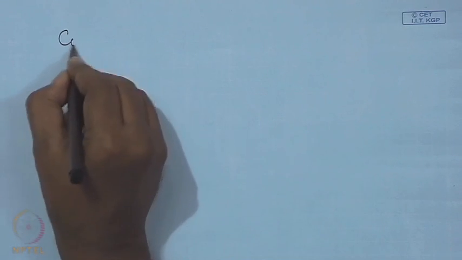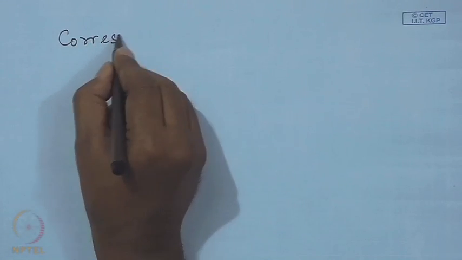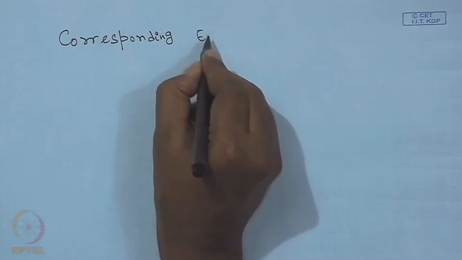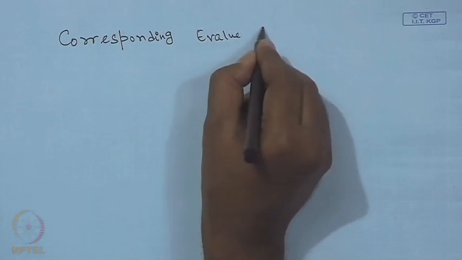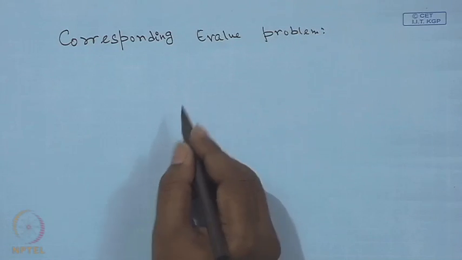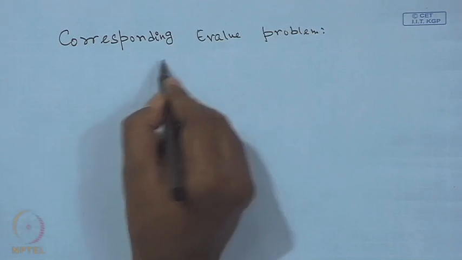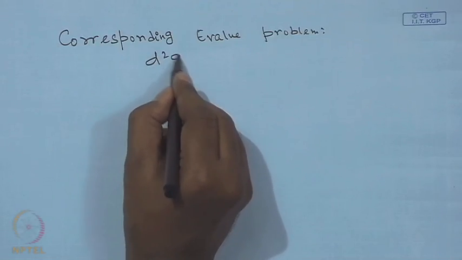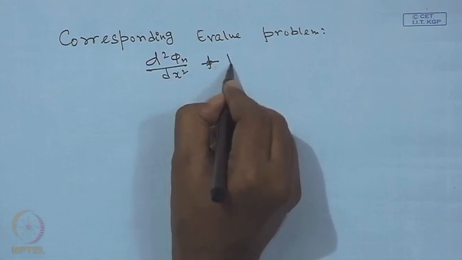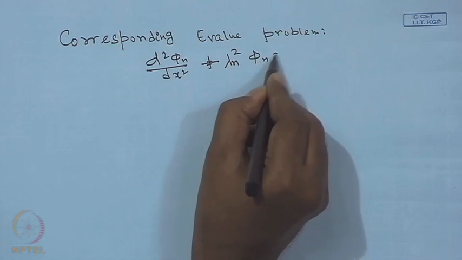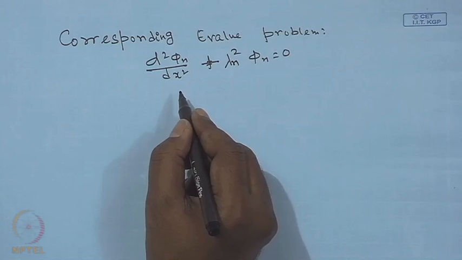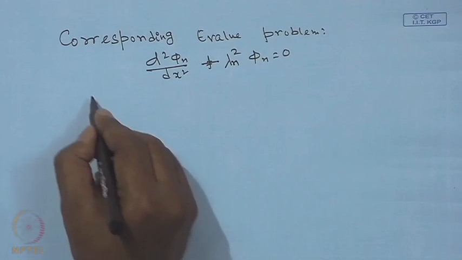Now, let us see the corresponding eigenvalue problem by the partial eigenfunction expansion method. The corresponding eigenvalue problem will be d²φn/dx² + λn²φn = 0. The boundary conditions of this problem must satisfy the boundary conditions of the Green's function.